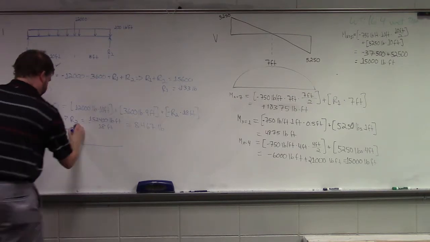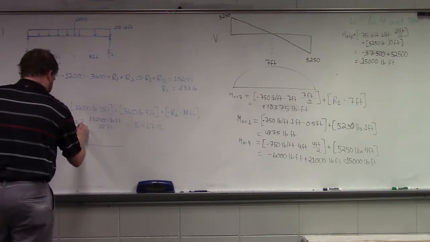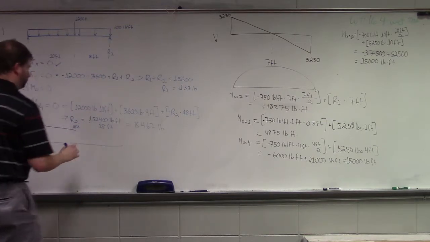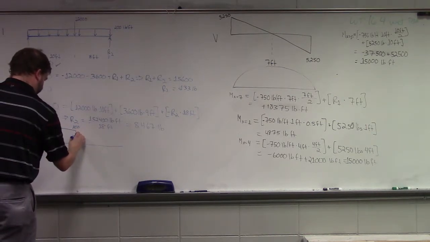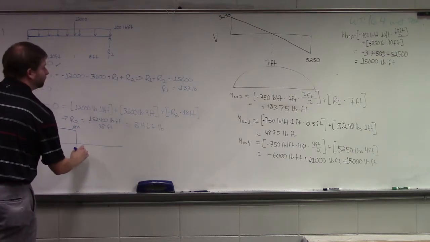Then you drop straight down 12,000 to negative 6,867.